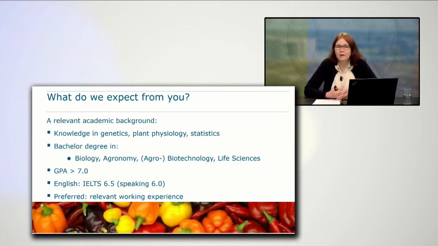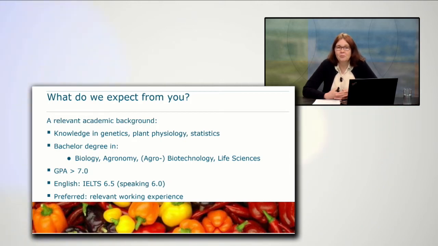Also a bit of molecular biology is helpful, and often that is covered by a bachelor degree in biology, agronomy, biotechnology or plant biotechnology or something in the domain of life sciences. So it's quite broad, the type of programs that we prefer to see as a bachelor, but that enables also quite a lot of students to register for admission successfully.